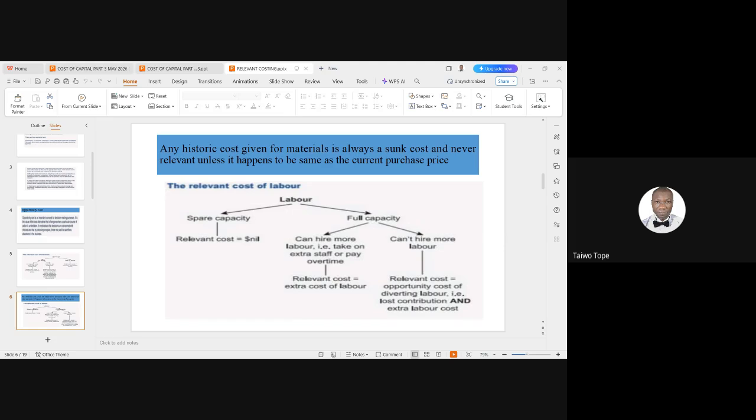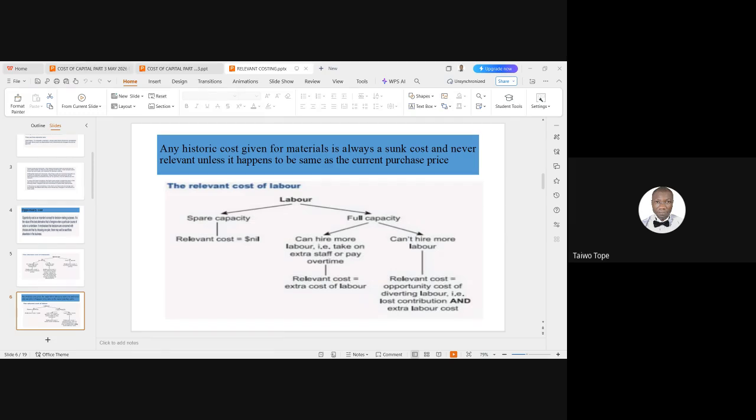So fixed overhead costs are usually not relevant, except where they are incremental in nature. So the rule is when you see fixed overhead in the question, you ignore. It's not everything you see in the question that you make use of. So once the fixed cost is not incremental in nature, you ignore, because the fixed cost is already incurred and it does not change.